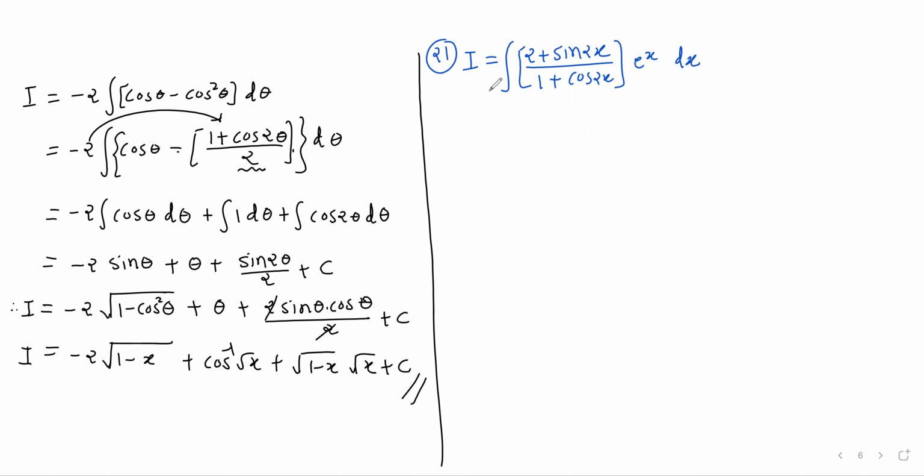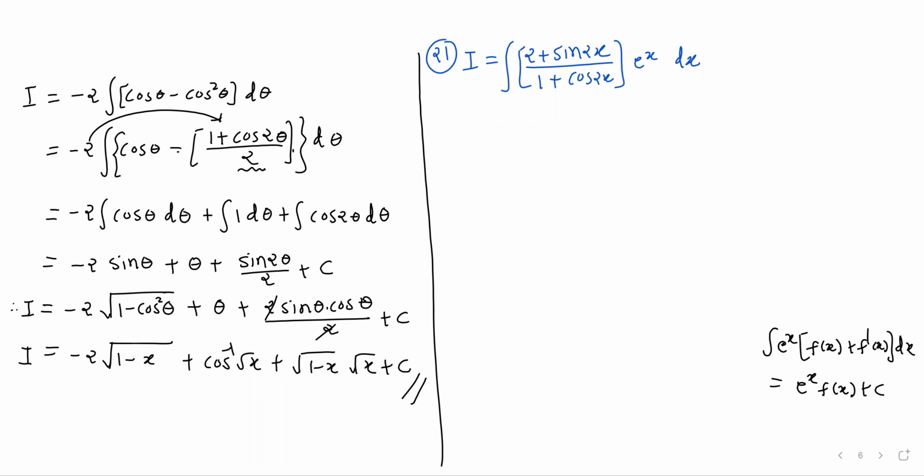Yes, exactly. Yes, Vedansi. E raised to x, f x plus f dash x dx, e raised to x f x plus c. This one is your formula.